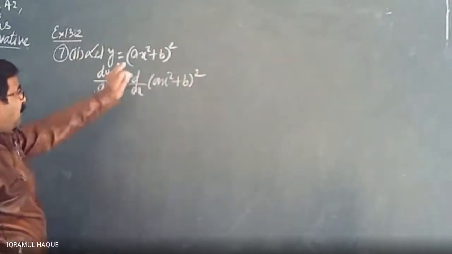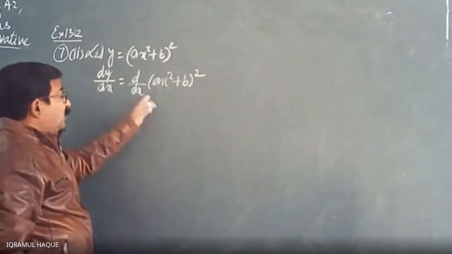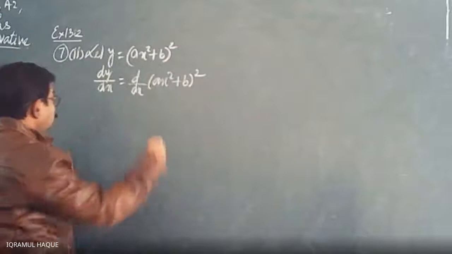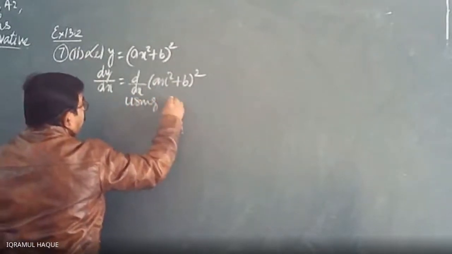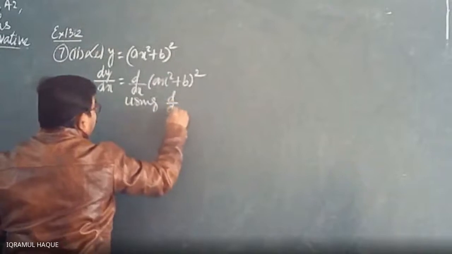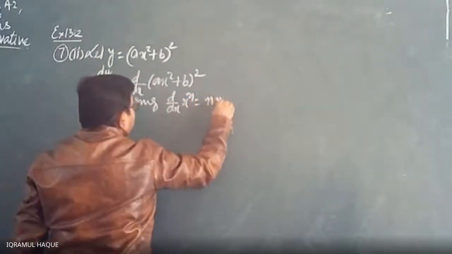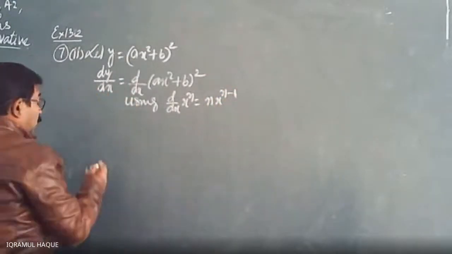It can be broken into whole square and then you can find it, or you can find it by the x to the power n rule. Using d of dx of x to the power n is equal to n x to the power n minus 1. This rule.